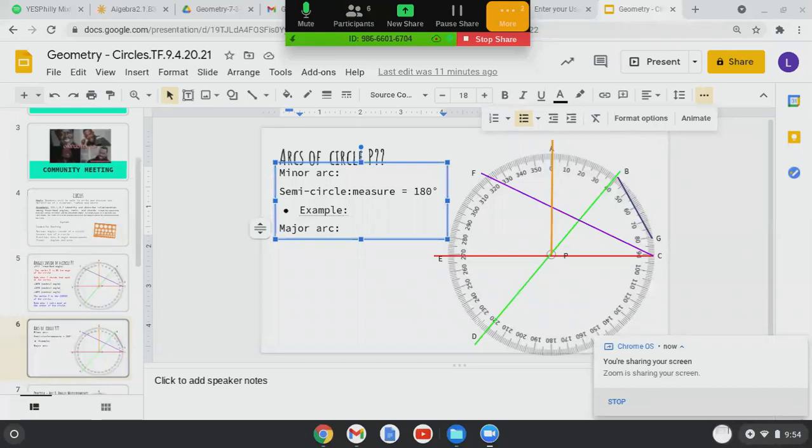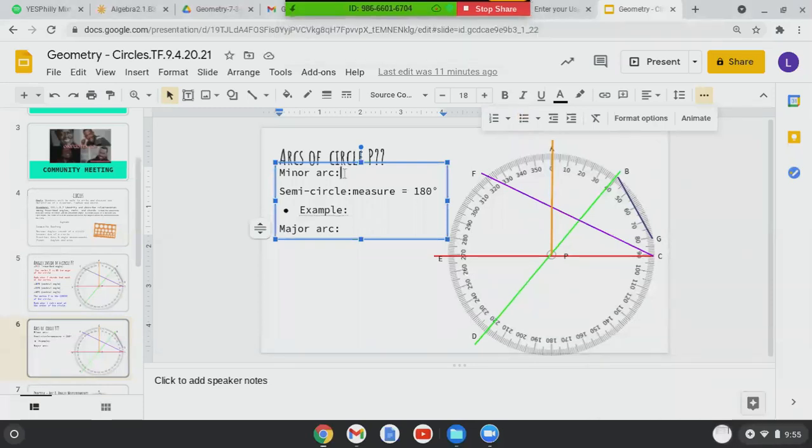All right, so let me go back to my share. All right, so we're going to add some of this stuff that we put up here to the slide. So a minor arc measure is less than 180.